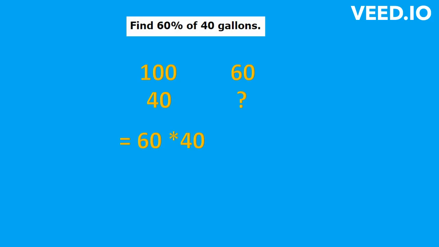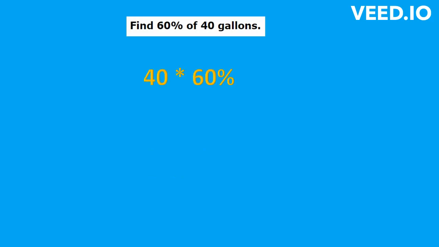So the same concept, question mark above, opposite multiply and remaining division. That's the answer there. So there is another technique. 60% of 40 means we can just multiply it by 60 by 100.